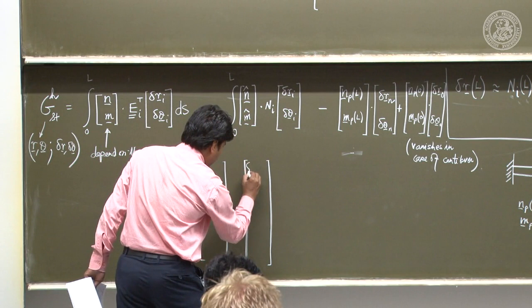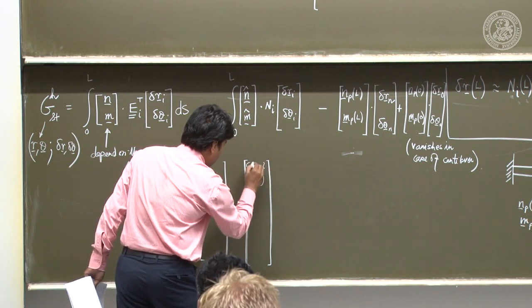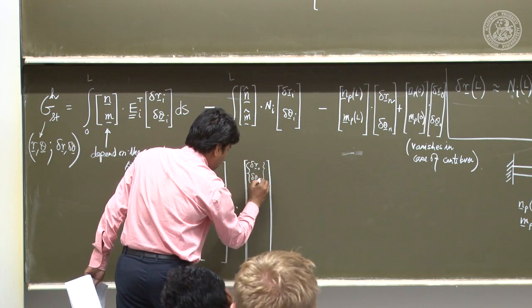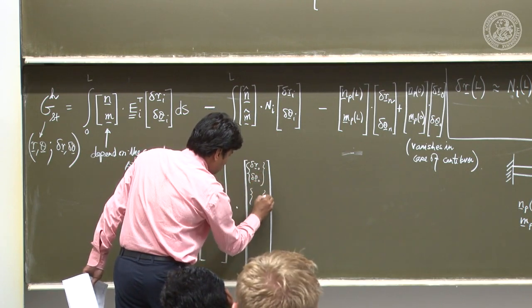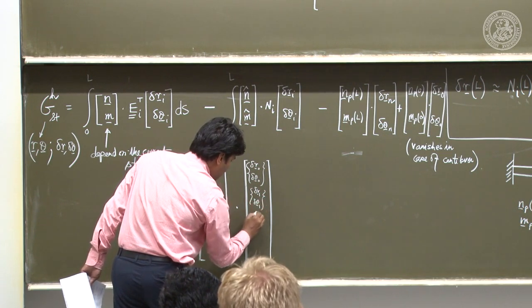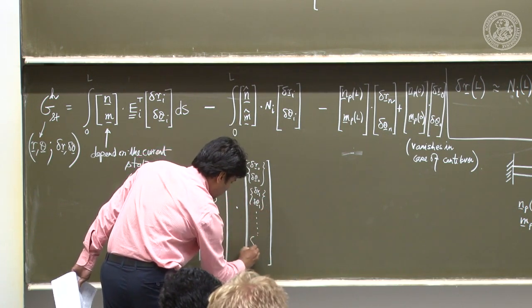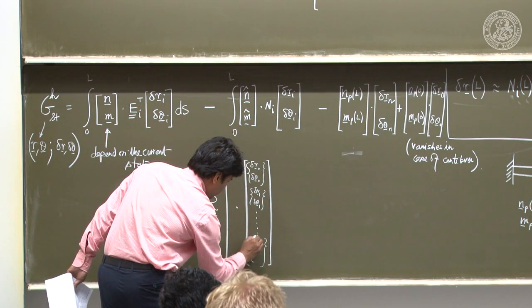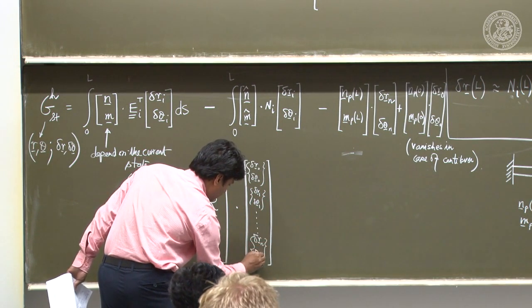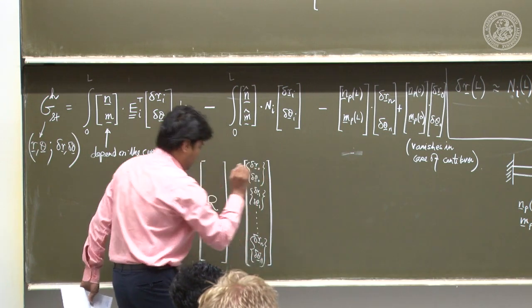So, for example, here you have del little r 0, del theta 0, del little r 1, del theta 1, keep on going to the last node, del little r n, del theta n.